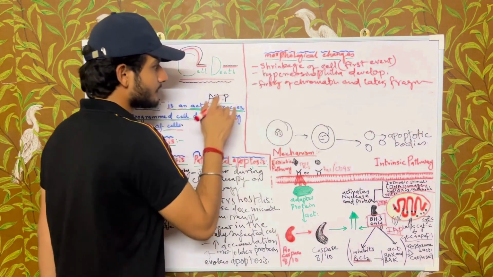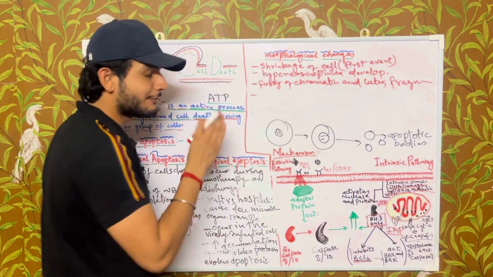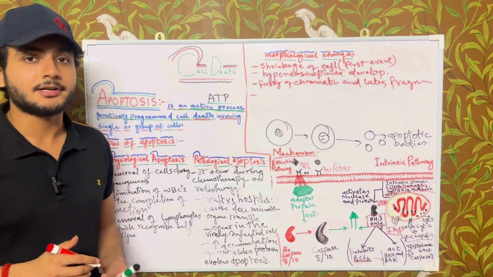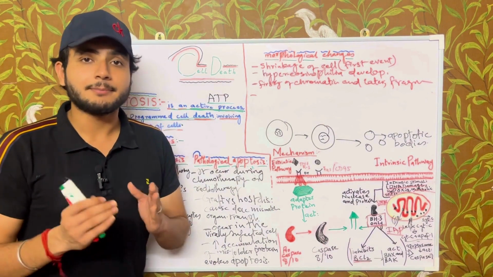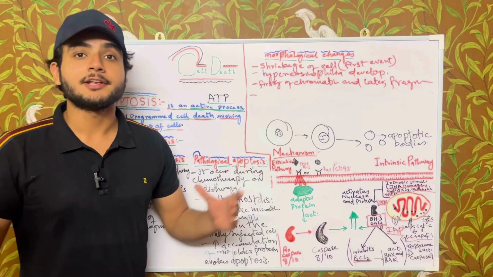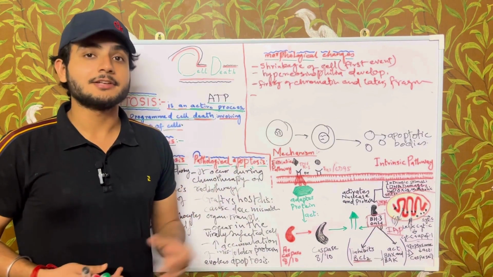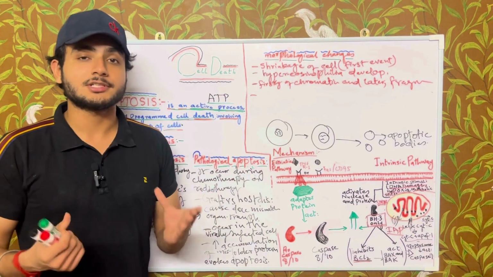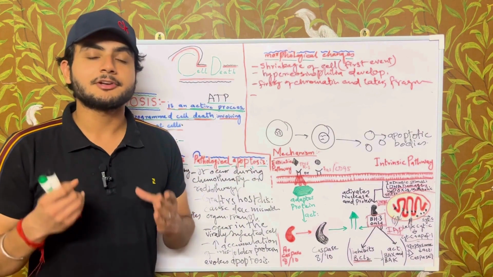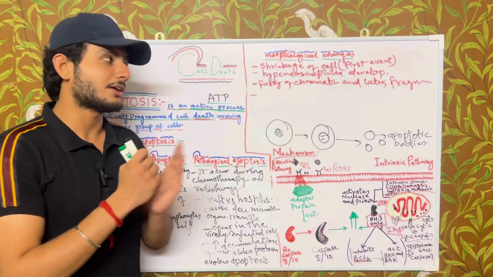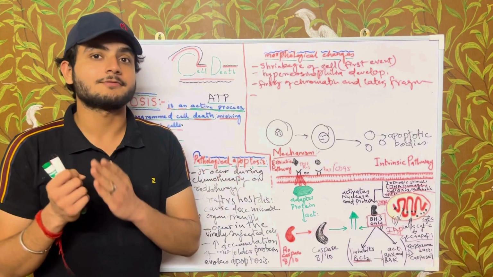Now we studied in the topic of necrosis that in necrosis there will be damage to the cell membrane, due to which certain inflammatory mediators were released, and these inflammatory mediators were causing the aggregation of inflammatory cells at the site of necrosis, due to which inflammation was occurring.